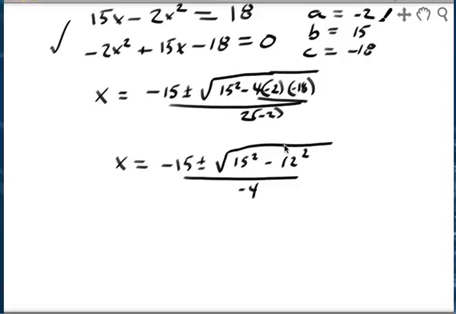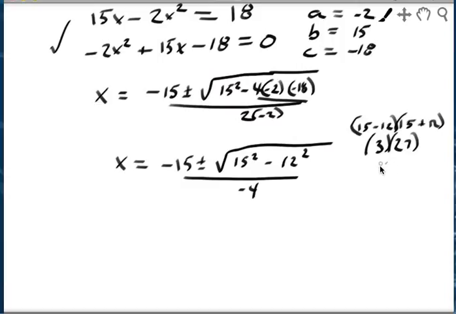Now, the difference of 2 squares, you know that that can factor. That 15 squared minus 12 squared is the same as 15 minus 12 times 15 plus 12. And 15 minus 12 is 3. 15 plus 12 is 27.